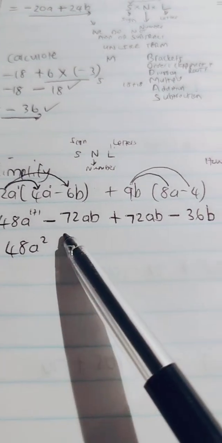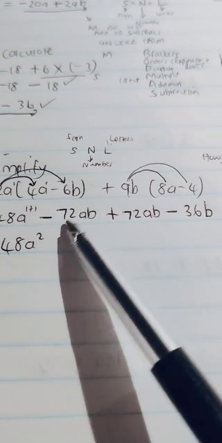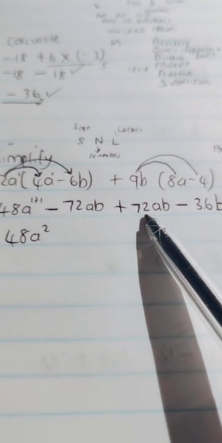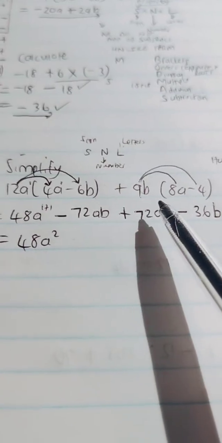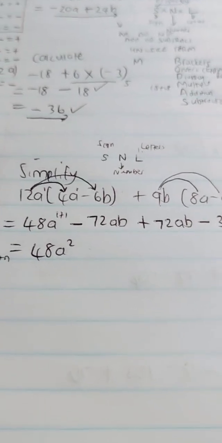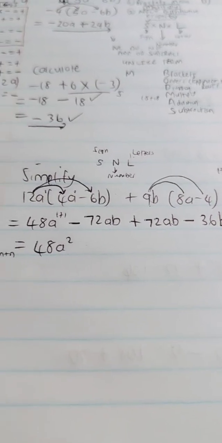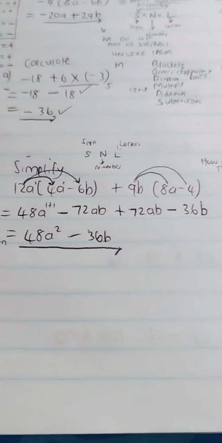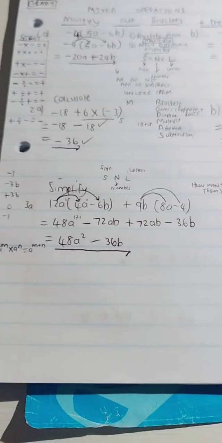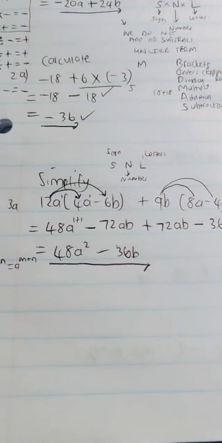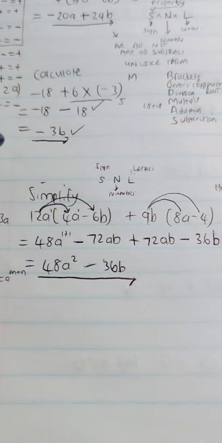Remember guys, when there are like terms which have different signs, we say 72 minus 72, which gives us 0. All right, that is 0AB, which is 0. So the only thing we write now is that last term, which is 36b. 48a squared minus 36b.